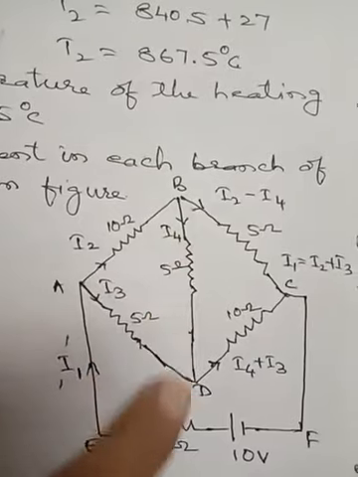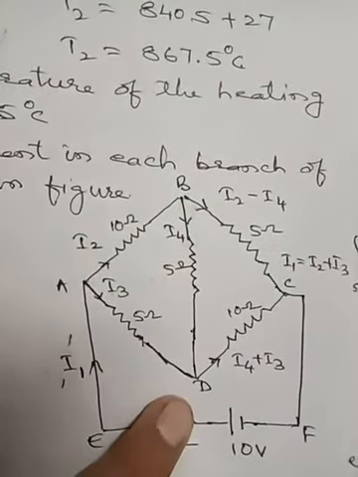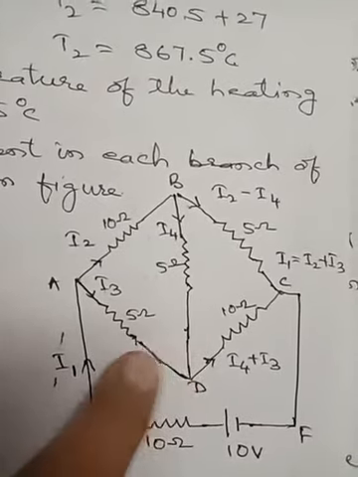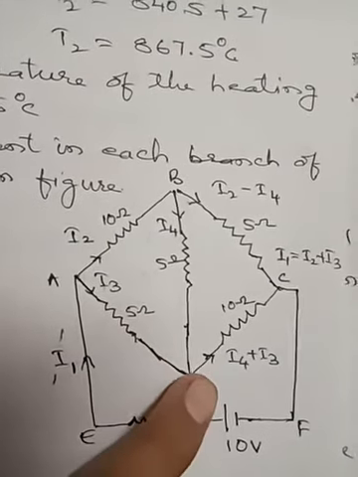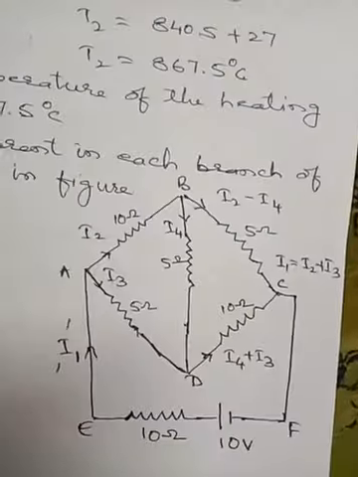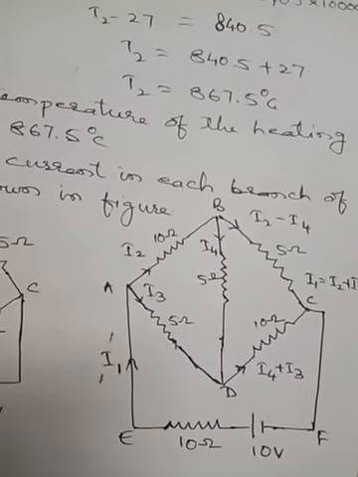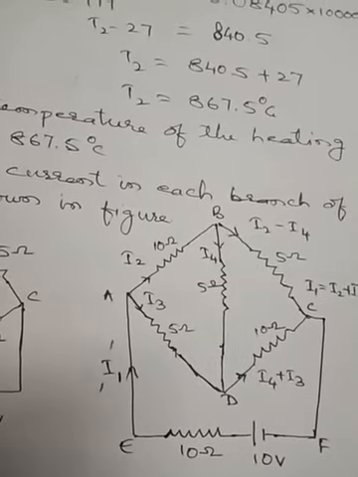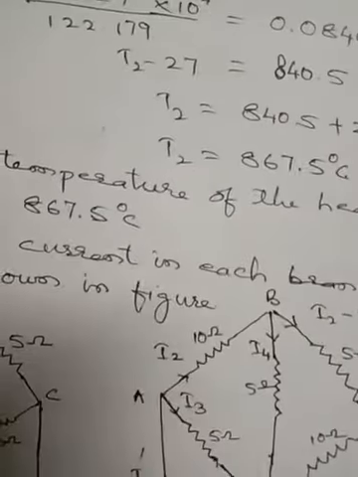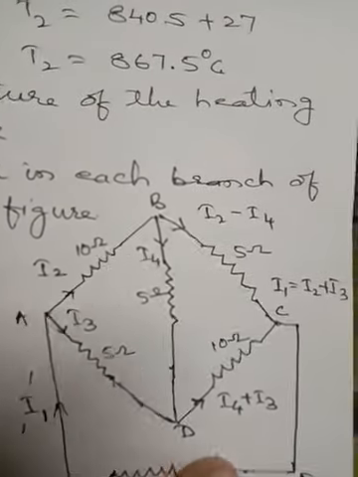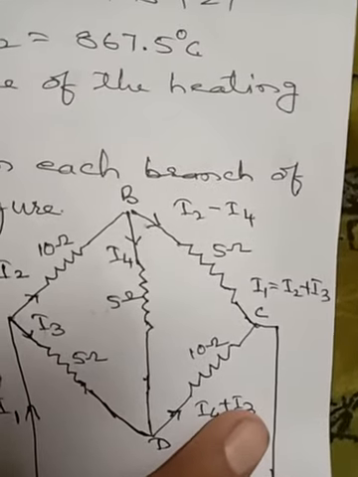Now this current I4 will come to the point D, and I3 will also come to the point D. They both will combine, meaning they will add, and flow through DC. So the current through DC will be I4 plus I3.